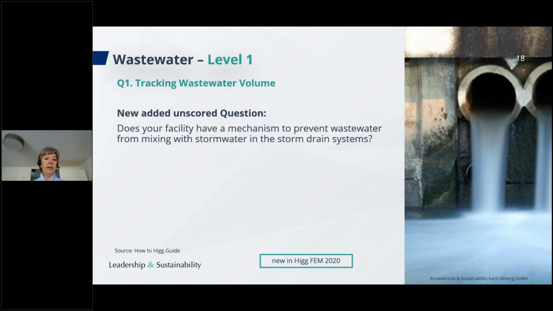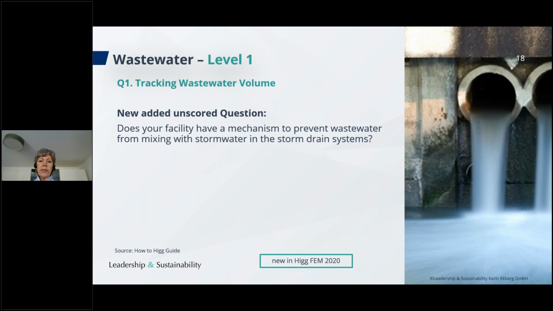And then there is one new unscored question added to question number 1. That question is, does your facility have a mechanism to prevent wastewater from mixing with stormwater in the storm drain systems? And why do we have this question here?